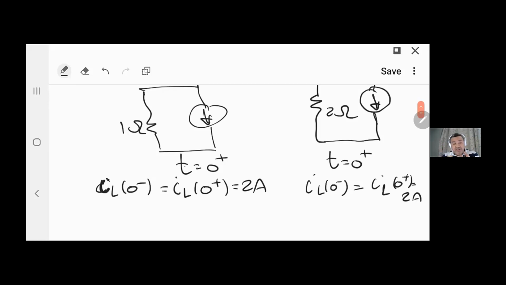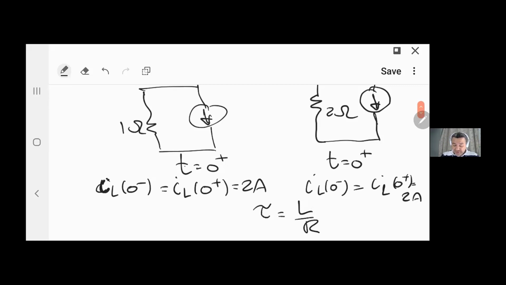But the total energy that's going to be dissipated in both resistors is going to be the same. Which one is dissipating faster? Look at the tau. Tau is L over R. So the one that has the smaller resistor is the one that is dissipating slower.